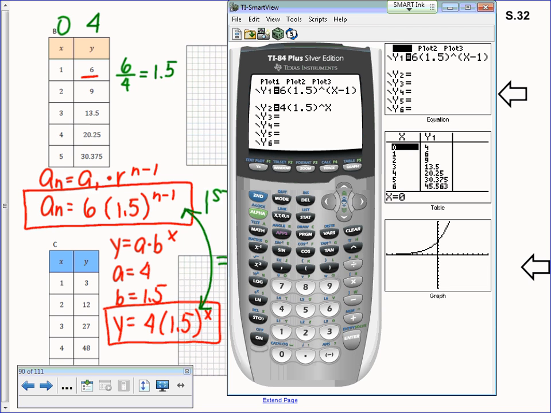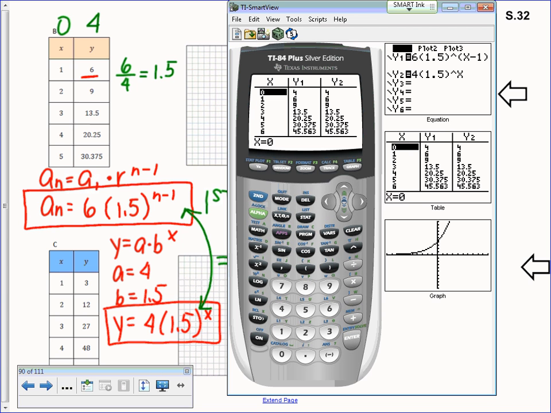And if I do a second table, again, I'm checking my table of values. Notice my y1 and my y2 happen to be the same, so I know these two equations are equivalent. And when I compare them to my tables here, I do get the 6, the 9, the 13.5, the 20.25, and the 30.375. So these two formulas are exactly the same. Either one would be correct. If it's a multiple choice question, pay attention to whichever piece of information they give us.